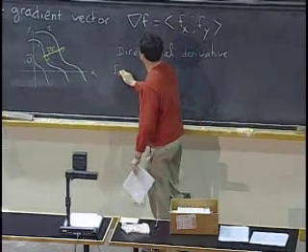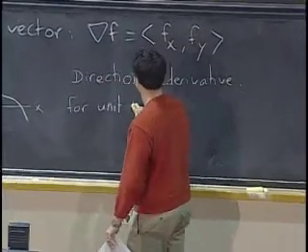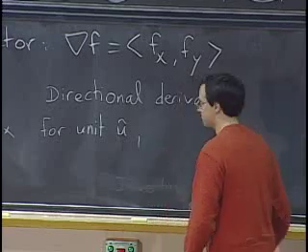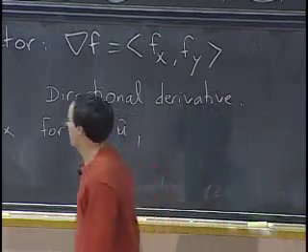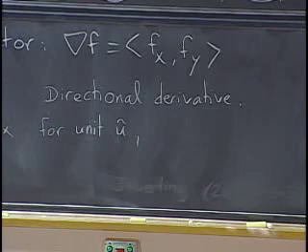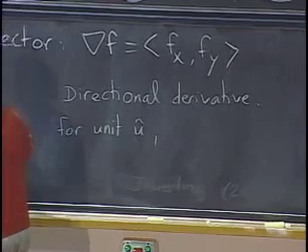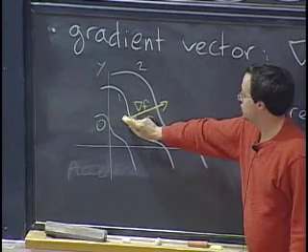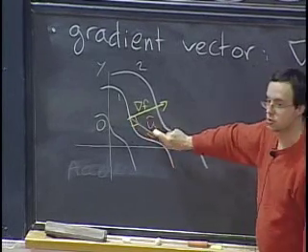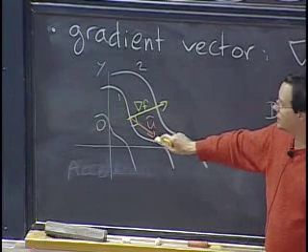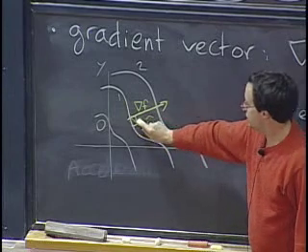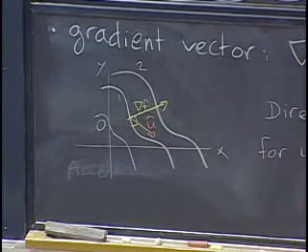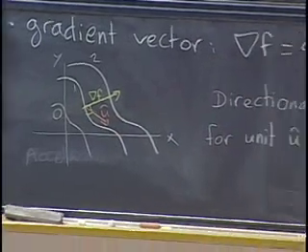So given a unit vector u, which represents some direction, let's say I decide that I want to go in this direction, and I ask myself, how quickly will f change if I start from here and start moving in that direction? Well, the answer seems to be it will start to increase a bit. Maybe at some point later on something else will happen, but at first it will increase.